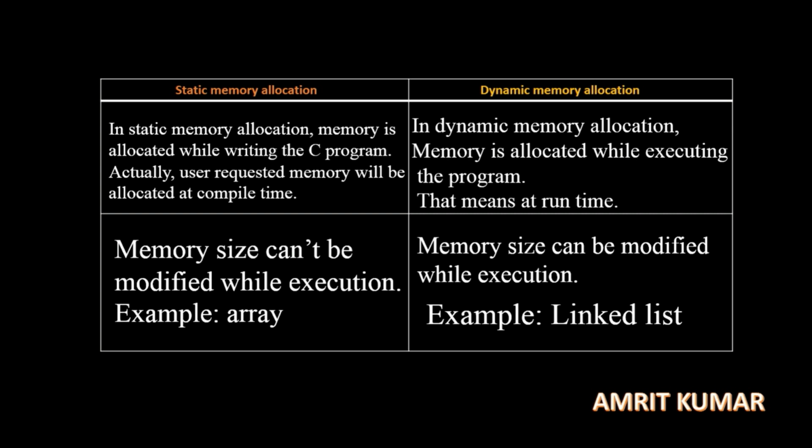And the example is clear. In static memory allocation there is the concept of an array, and in dynamic memory allocation there is the concept of a linked list. So this was all about the difference between static and dynamic memory allocation in C language.